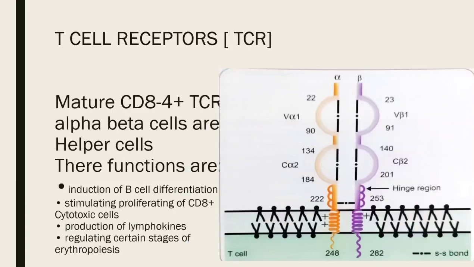Mature CD8 minus, CD4 plus TCR alpha beta cells are helper cells, and their functions are induction of B cell differentiation, stimulating proliferation of CD8 plus cytotoxic cells, production of lymphokines and regulating certain stages of erythropoiesis.